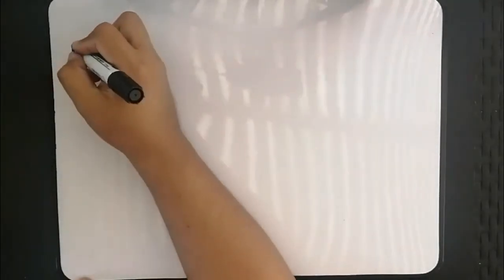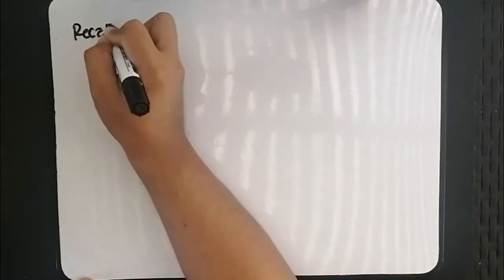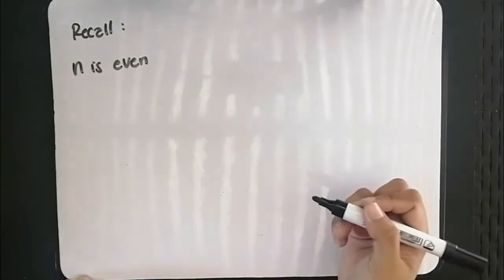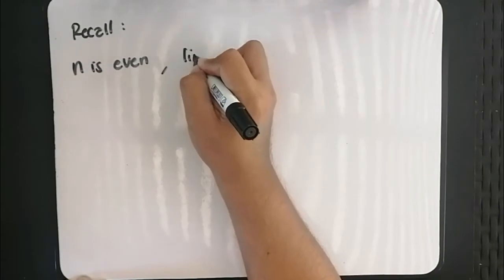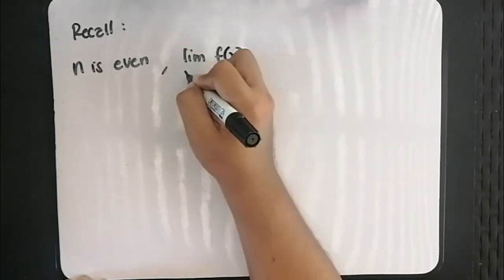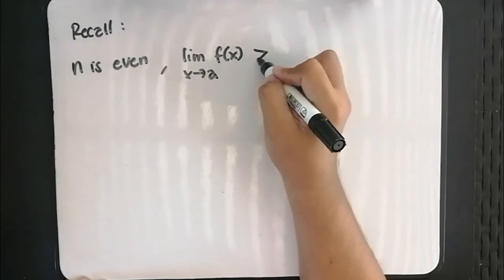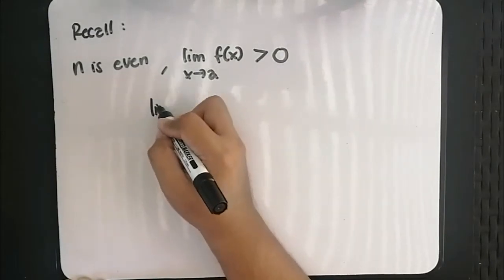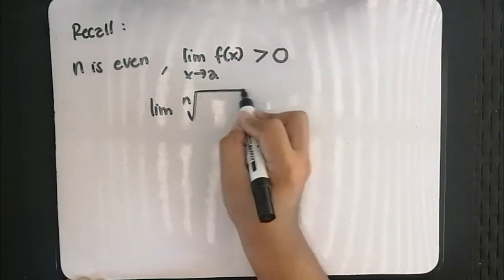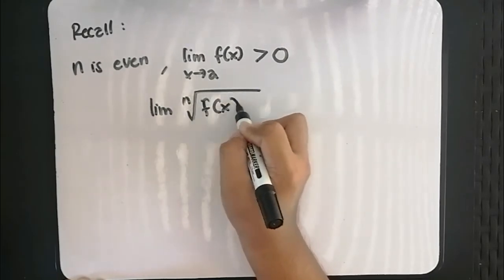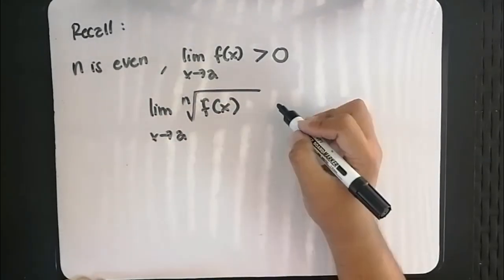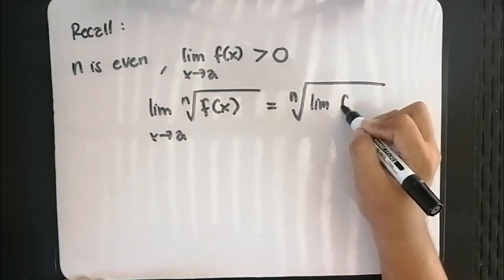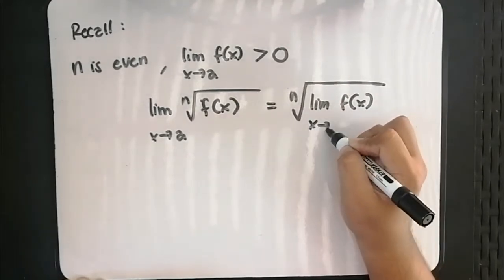So let's recall that, say we have n is even, and the limit of f of x as x approaches a is greater than 0, then the limit of the nth root of f of x as x approaches a is actually equal to the nth root of the limit of f of x as x approaches a.